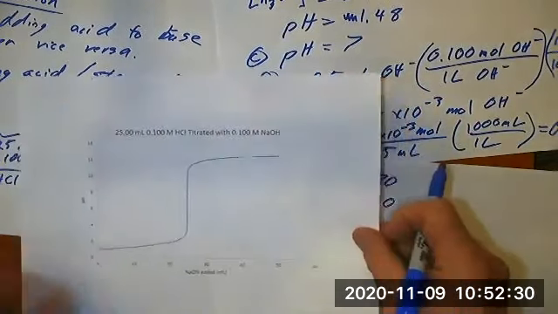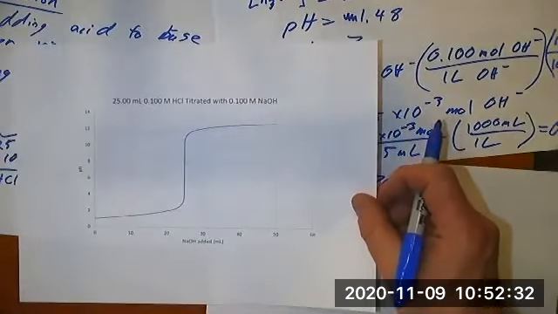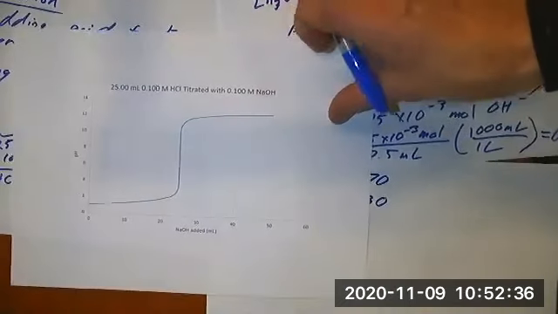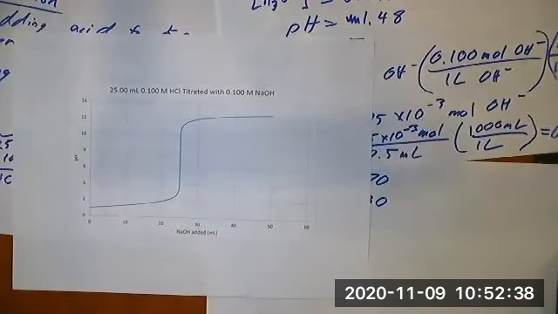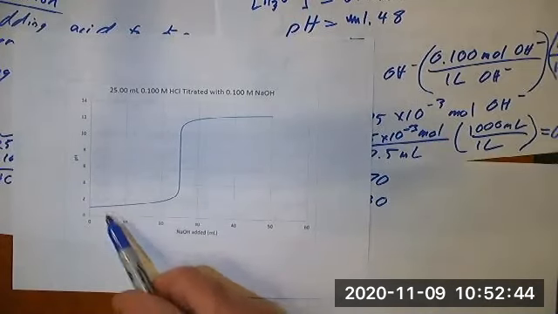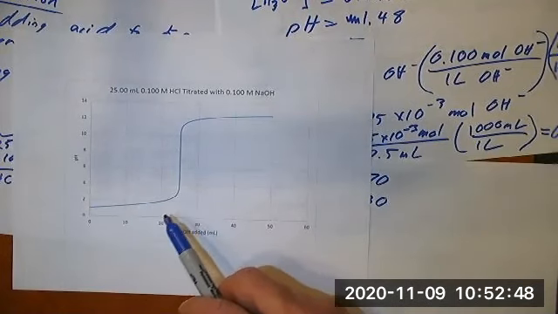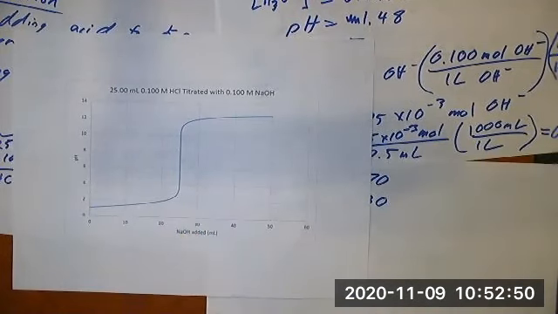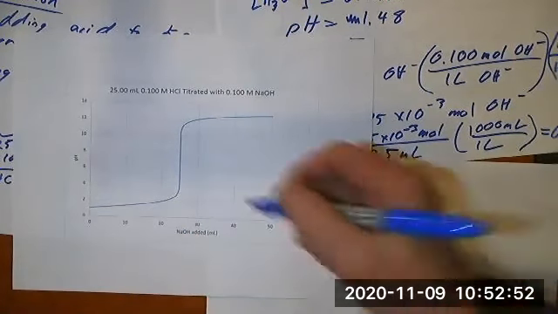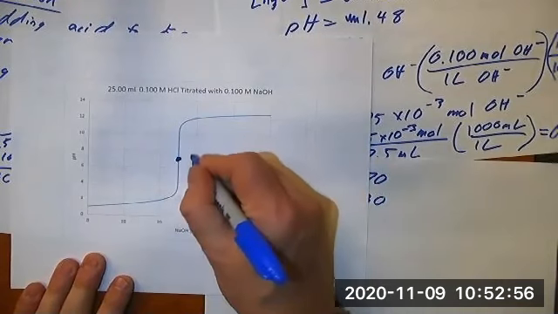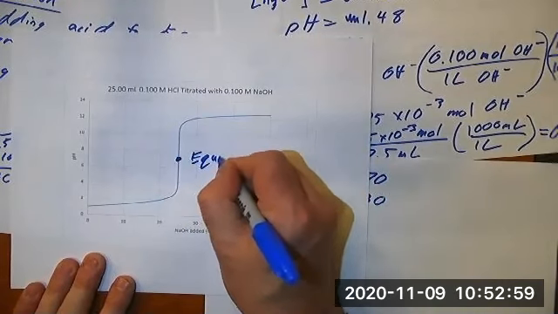So I put together a spreadsheet to do that, and this is the titration curve that you end up with. And so what you should notice here is that the pH is not changing very much until you get really close to the equivalence point. This point here at 25 milliliters is known as the equivalence point.